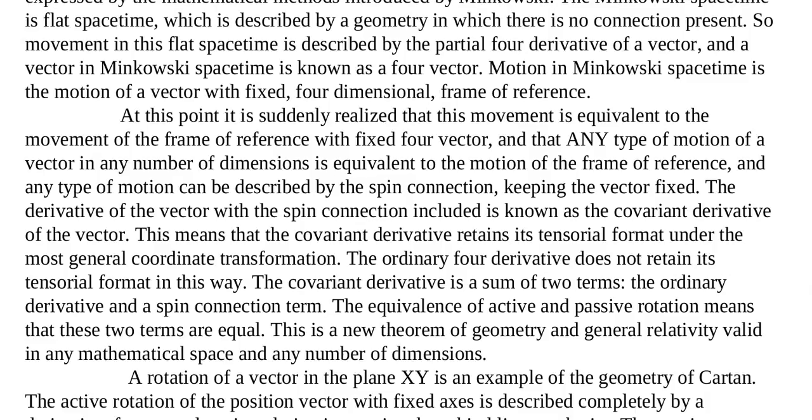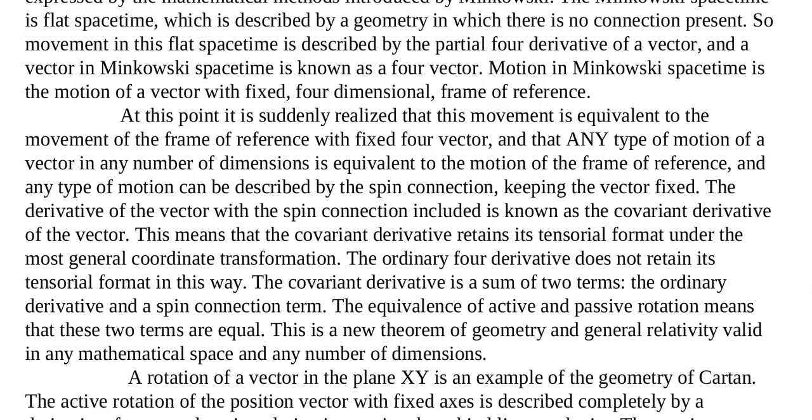The derivative of the vector with a spin connection included is known as the covariant derivative of the vector. This means that the covariant derivative retains its tensorial format under the most general coordinate transformation. The ordinary 4 derivative does not retain its tensorial format in this way.